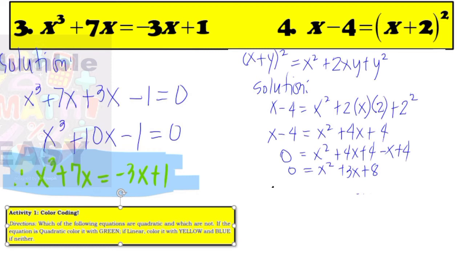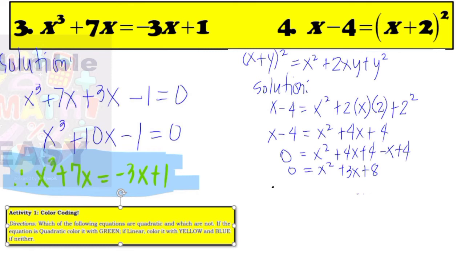Then the negative 4 became plus 4. So we have x squared plus 4x plus 4 minus x plus 4. It became x squared plus 3x, because 4x added to negative x is 3x, and 4 plus 4 is 8.